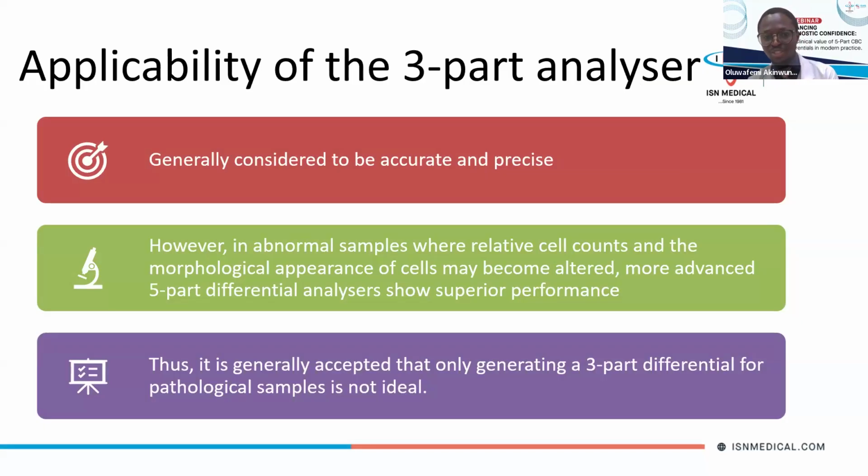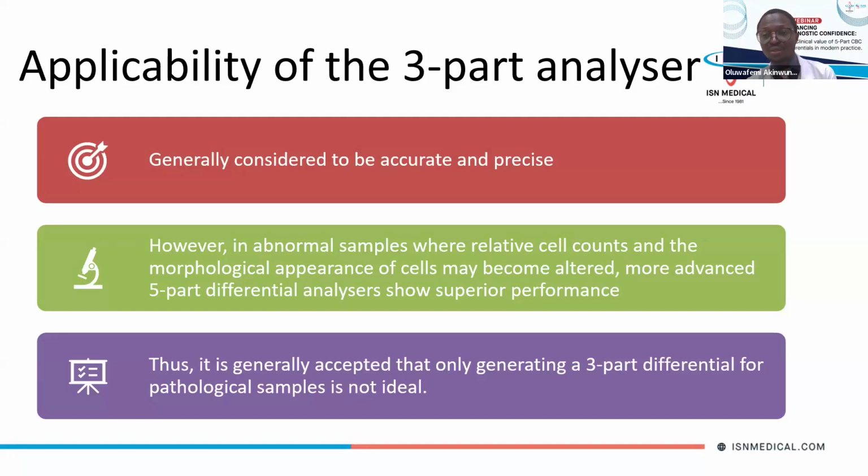However, in abnormal situations, when you have samples where the relative cell count and morphological appearance of cells may be altered, the more advanced 5-part differential analyzer shows superior performance. So it is not that the 3-part analyzer will not give you a result. It will give you a result, but not the exactitude that you need, especially when the sample is abnormal.